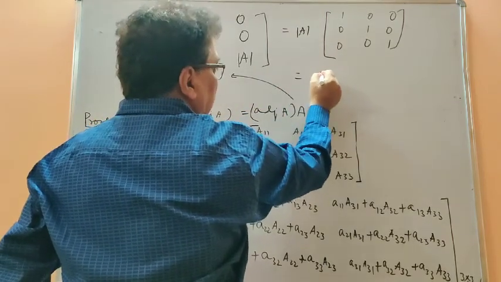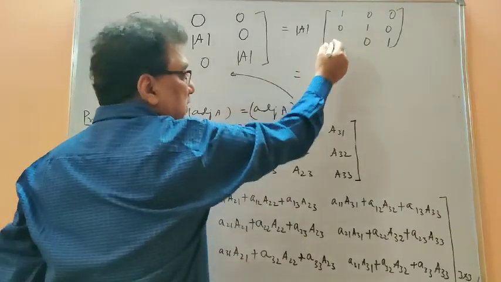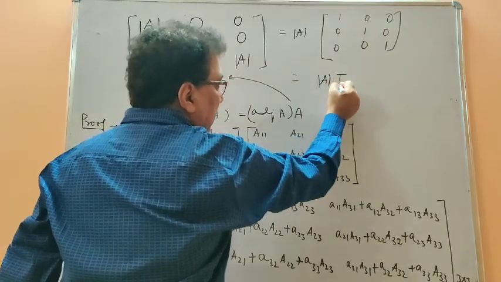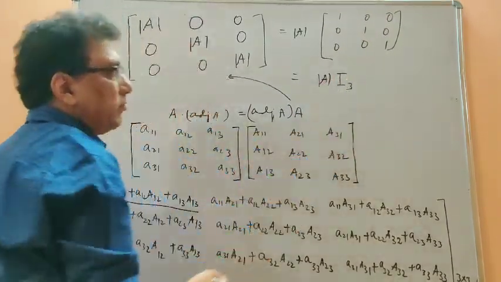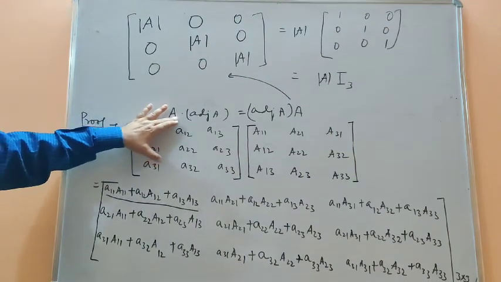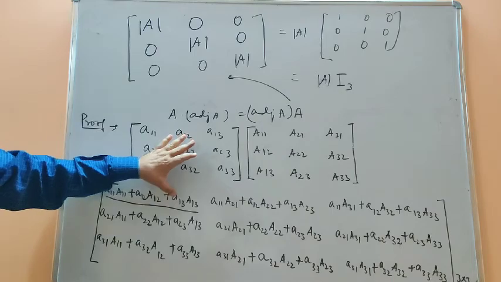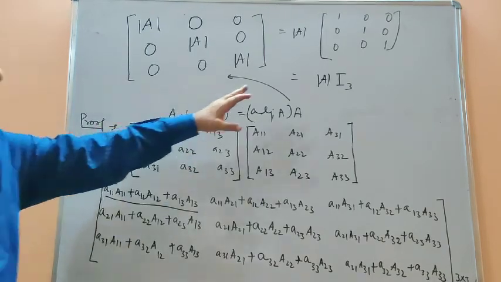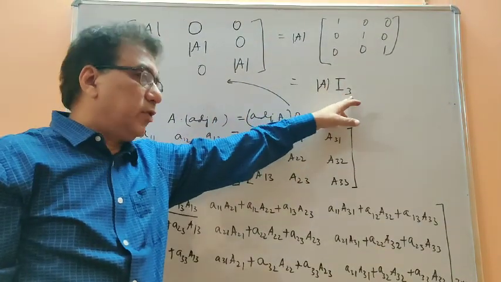So we get the right hand side. This stands for I3, meaning the unit matrix of order 3. Why so? Because we have taken the given matrix as of order 3, that's why we have got the unit matrix of order 3.